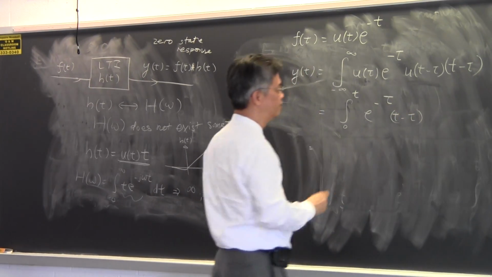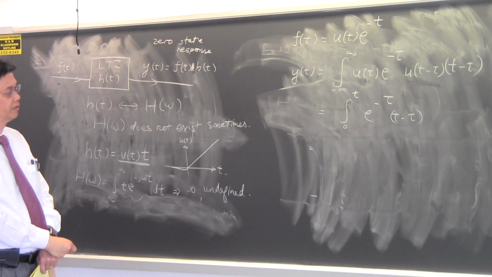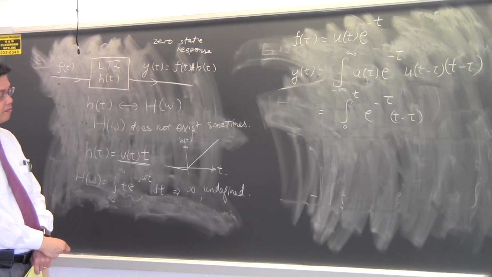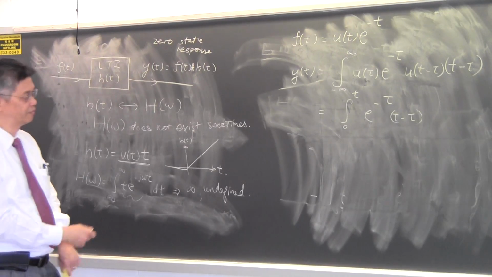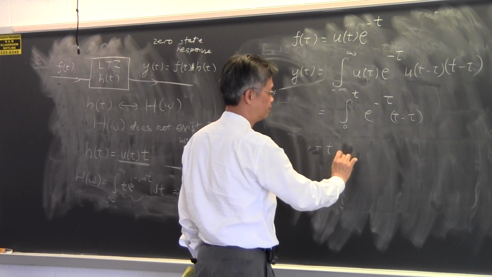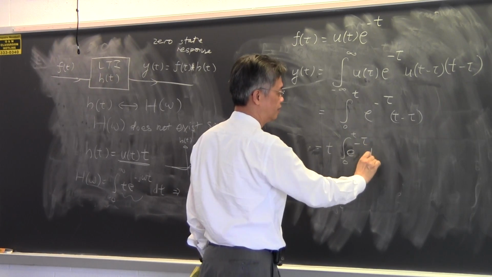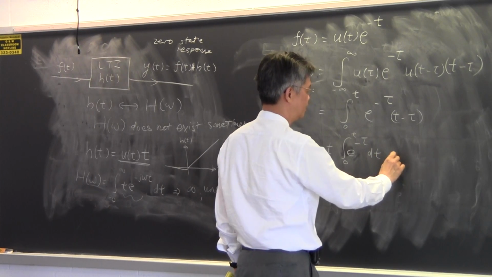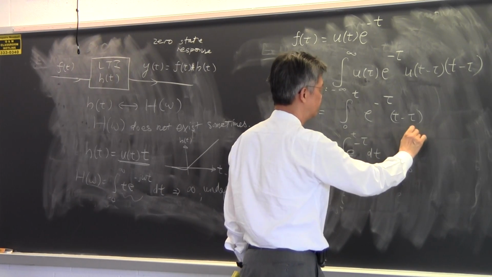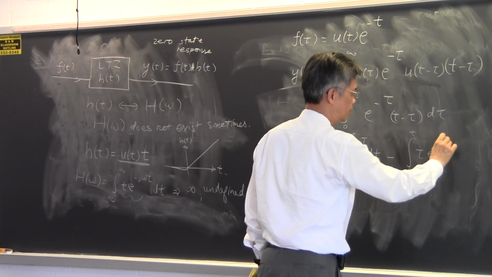So I have this integral to integrate. The first term is just t e to the minus tau d tau from 0 to t. The second term is a little bit trickier to integrate, tau e to the minus tau d tau.